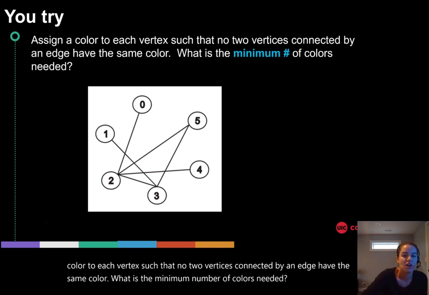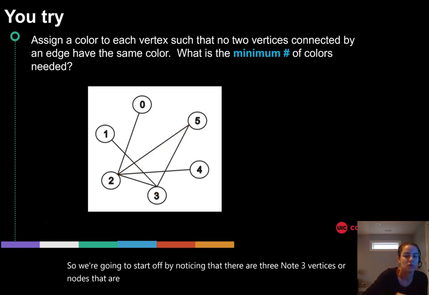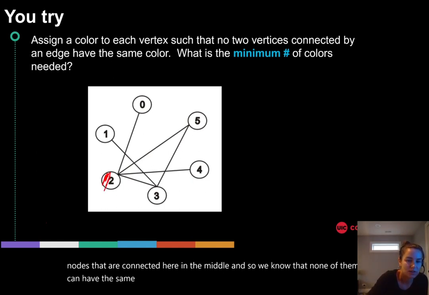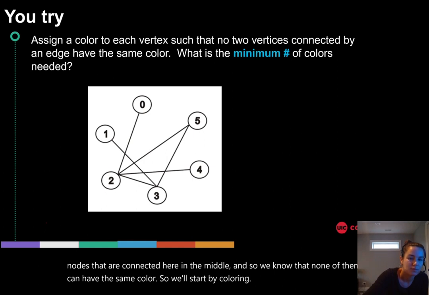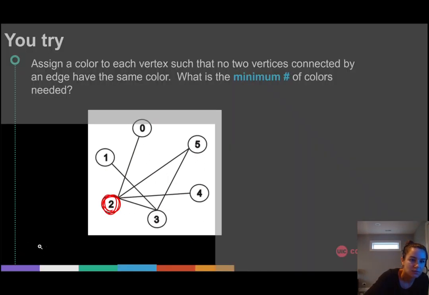So we're going to start off by noticing that there are three vertices or nodes that are connected here in the middle. And so we know that none of them can have the same color. So we'll start by coloring each of them a different color.